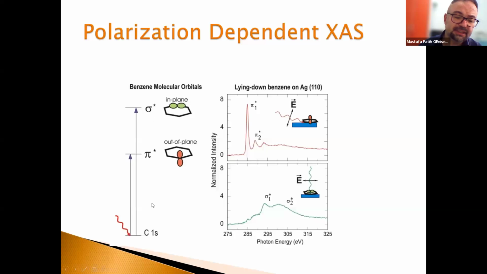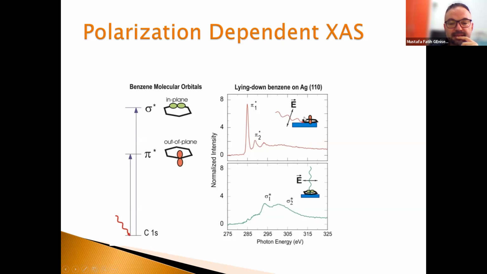Here in the left part, this is the core shell carbon 1s, and here are the empty orbitals, pi star orbitals and sigma star orbitals of an aromatic ring. As you see, the sigma star antibonding and the pi star antibonding orbitals directions are different. Let's say we put this aromatic ring, benzene, on a single crystal which has a specific surface.